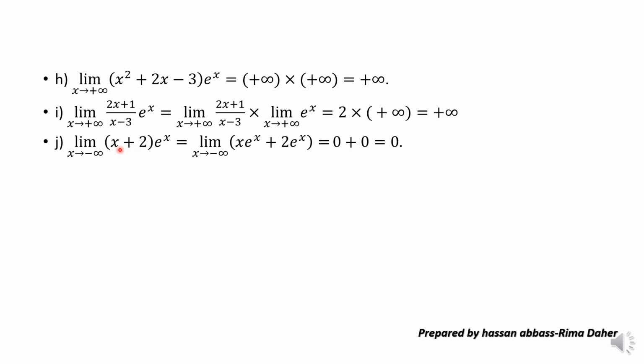Or here we can expand to limit where x tends to minus infinity of x exponential x plus 2 exponential x, and this limit we know from the rules, which we can use directly, and 2e to minus infinity is equal to 0. We get this limit is equal to 0.